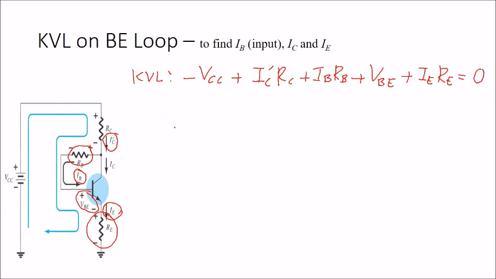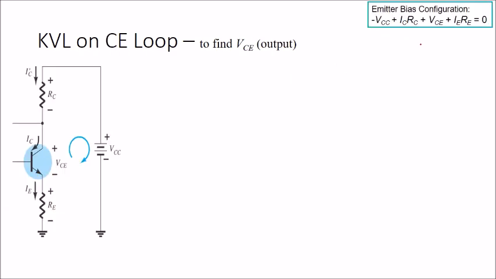In this configuration, to make our analysis easier, we make an assumption: IC prime is almost equal to IC, and almost equal to IE. If you still remember, in the approximate analysis for voltage divider bias configuration, we assumed that IC is almost equal to IE because IB is too small, or IB is almost equal to 0.